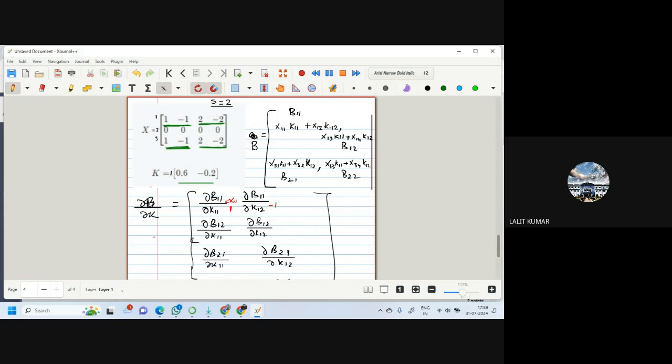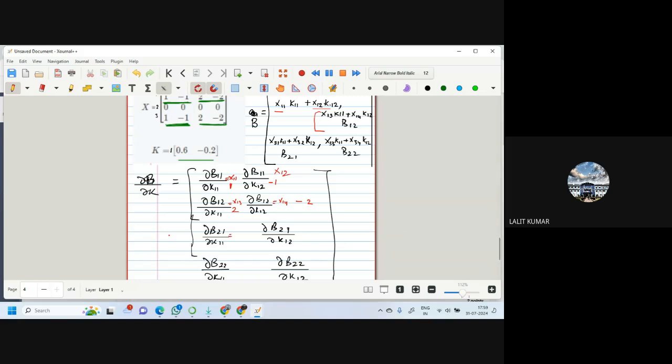For del B11 by del K11 is X11, which is 1. For K12 is X12, which is minus 1. Del B12 by del K11 is X13, which is 2. Del B12 by del K12 is X14, which is minus 2.